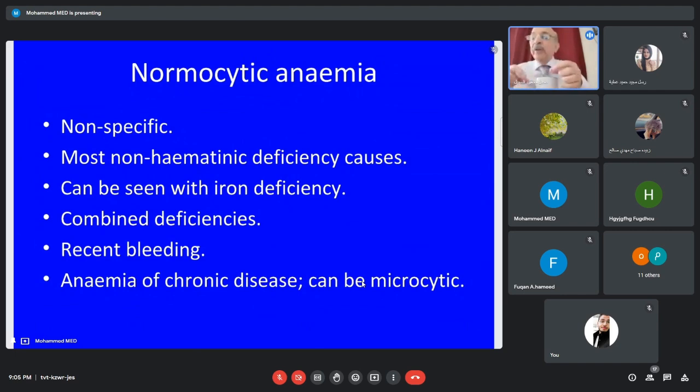But if you examine the blood film, you will see 2 generations of red blood corpuscles. Recent bleeding is another cause. Anemia of chronic disease can be microcytic, yes. Next slide, please.